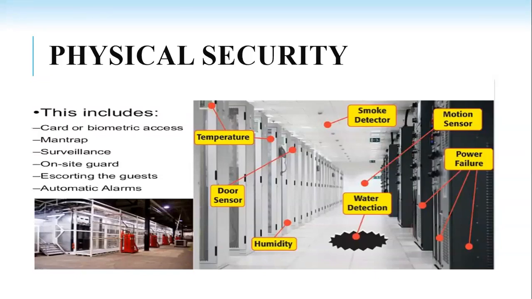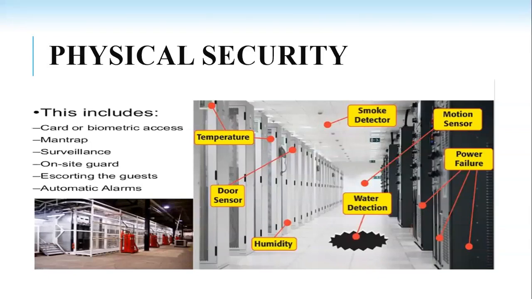And if at all there is an unauthorized access, to address this, a required biometric has to be installed. And if there is a fire or a smoke in the server room, required fire detectors and smoke detectors are to be installed. And if there is humidity in the server room, required air conditioners are to be installed to control the humidity.